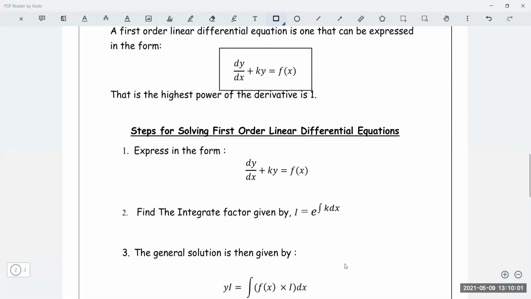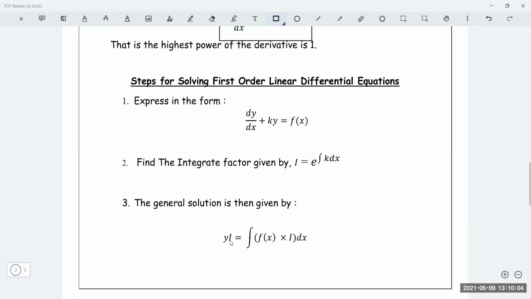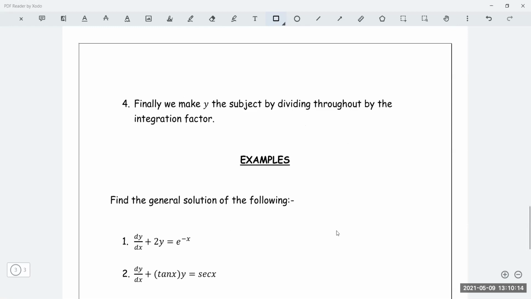The general solution will then be given by y times the integrating factor equal to the integral of f of x times the integrating factor that we found in step 2. Then step 3 is to just make y the subject. And that's it, there you get your answer for y.